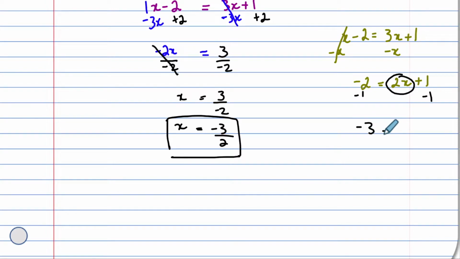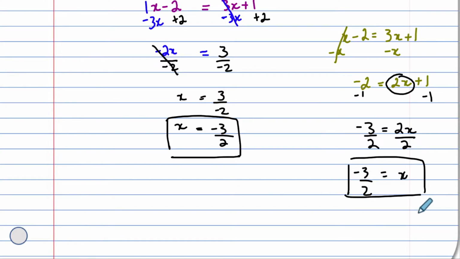Negative 3 is 2x. And now you're dividing by a 2. X is equal to negative 3 over 2. Same thing. Either way is right. We've solved for x. Good job.